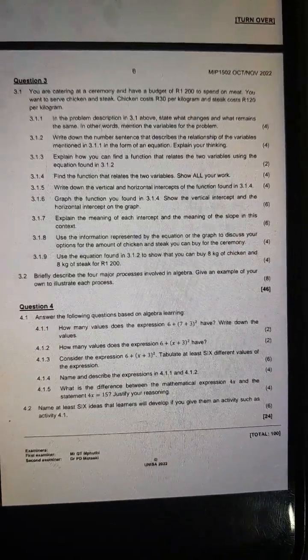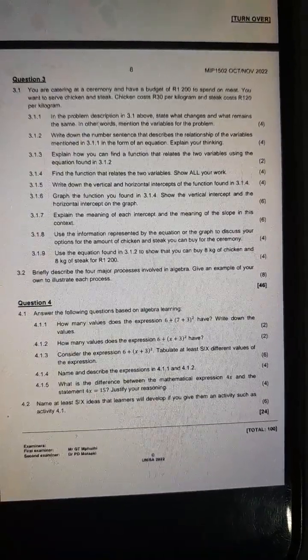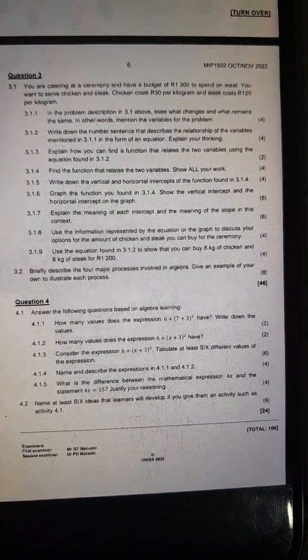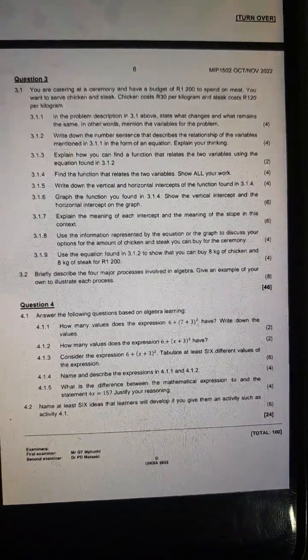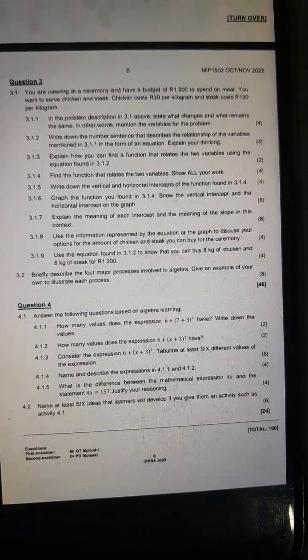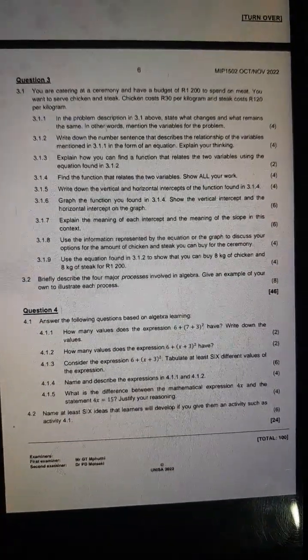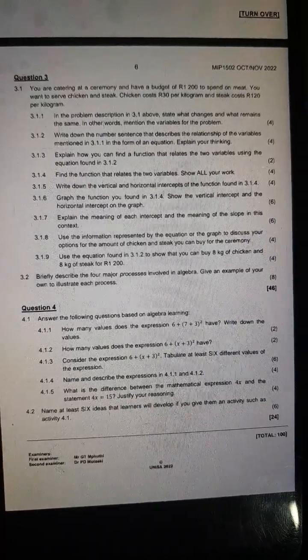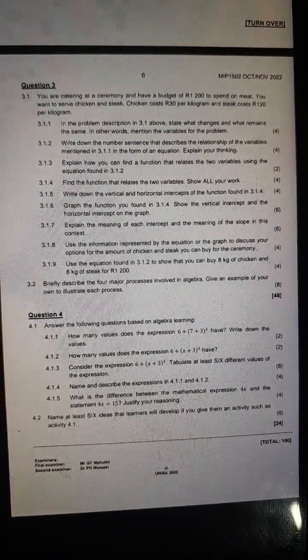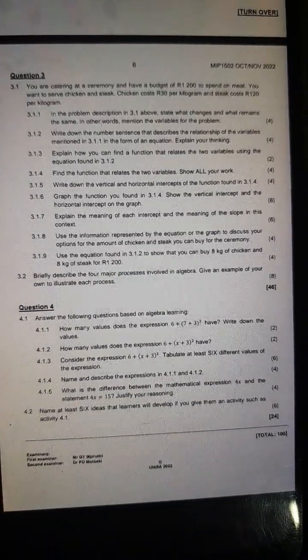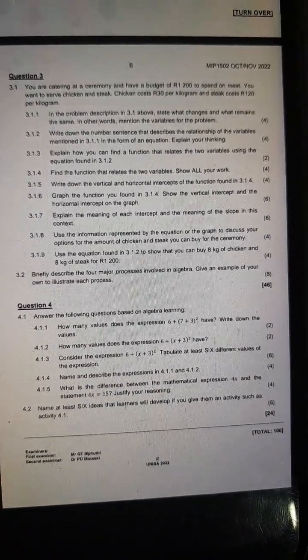As for question 3, you need to have knowledge about word problems. Just as I've stated, in 3.1.1 you were supposed to know independent values. Just know that when you talk about the y, we're talking about dependent values, it's y values. Then when we talk independent, we're talking about x.